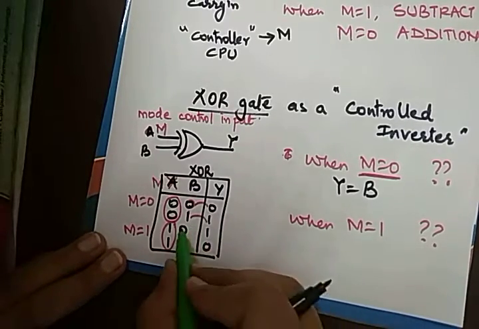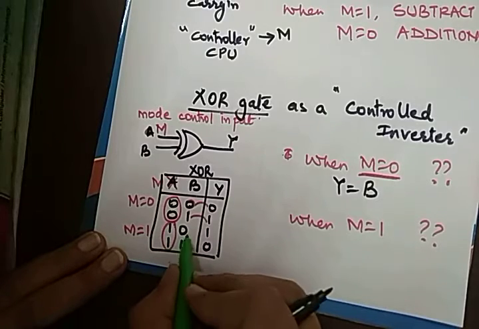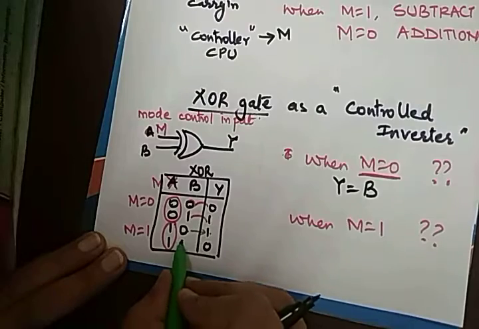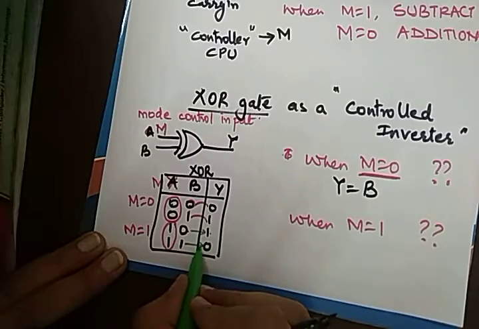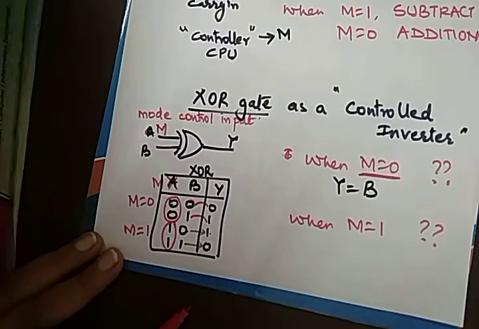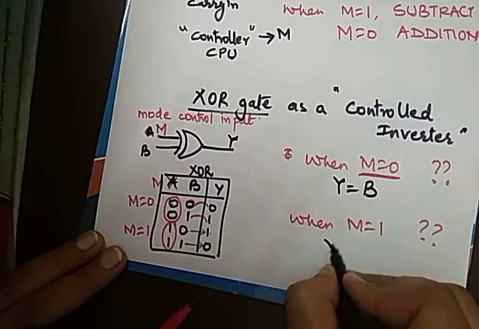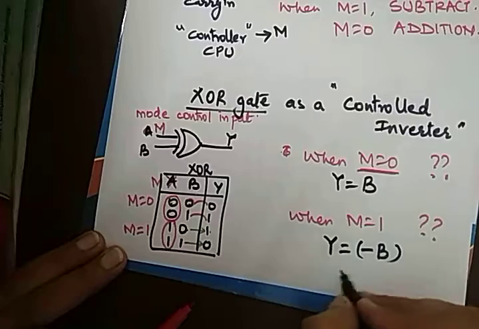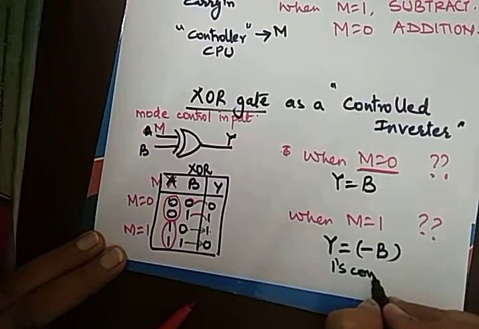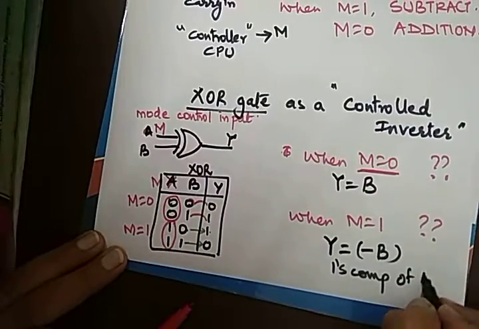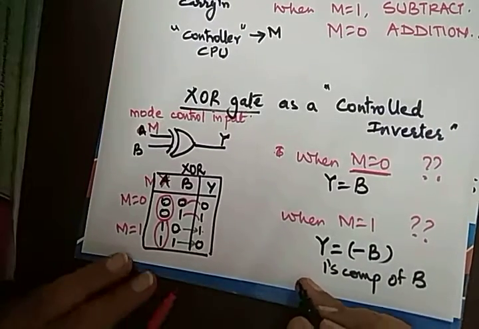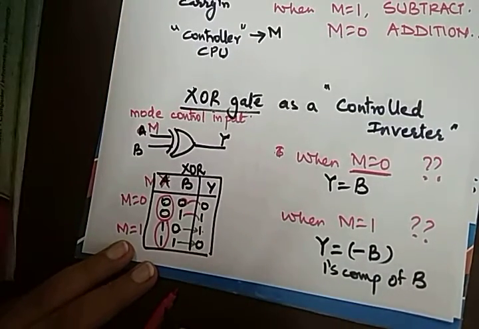When M is 1, when B is 0, the output is 1. When B is 1, the output is 0. So we may say that in this condition, the output which is coming is nothing but minus B, which is the 1's complement of B. The B is just getting inverted.